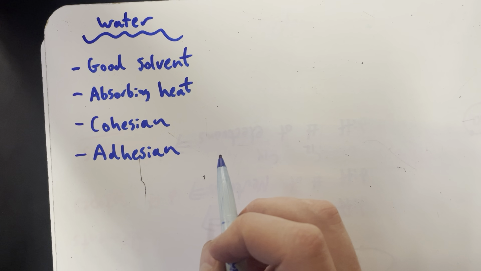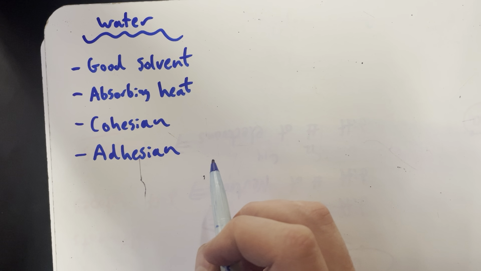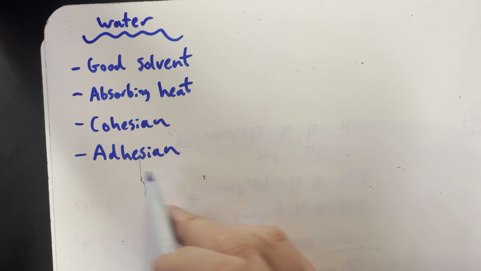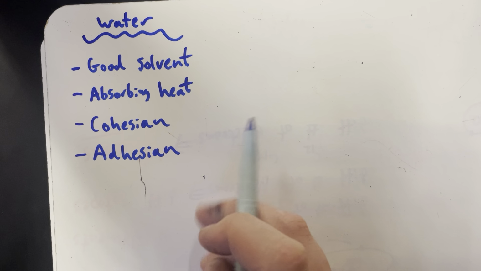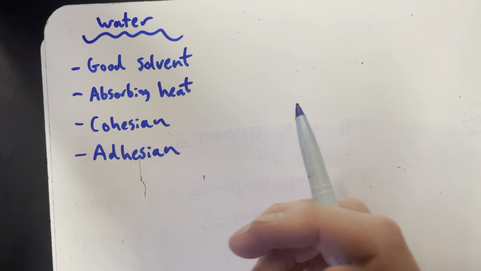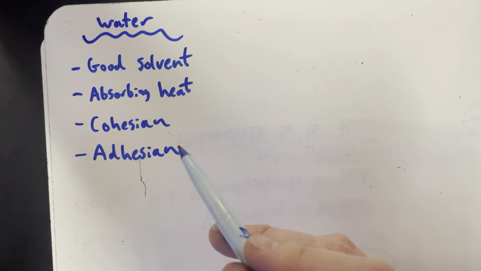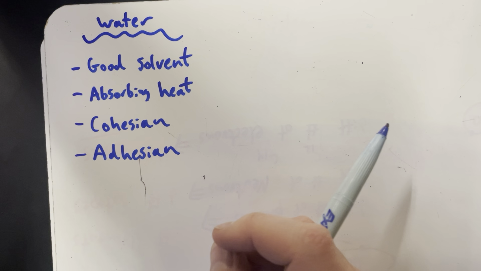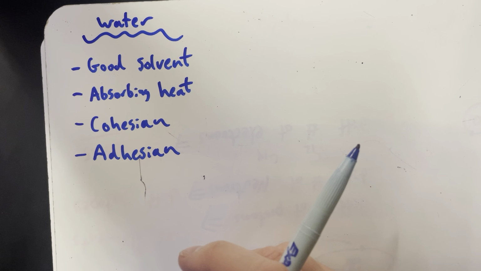So when you finish your Powerade, there in the bottom is a little bit of water droplets. Why? Because it's adhering to the plastic. And cohesion is the ability for it to clump up as a single raindrop. It falls as drops, not as just mist all the time, right?